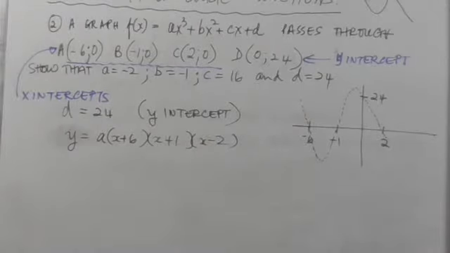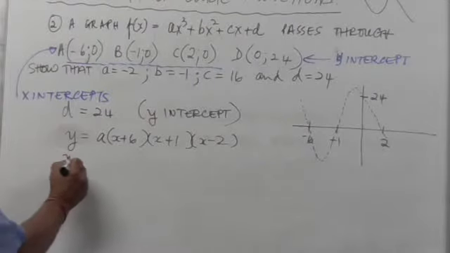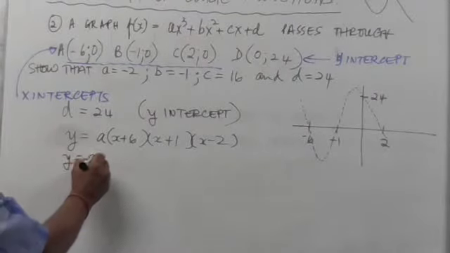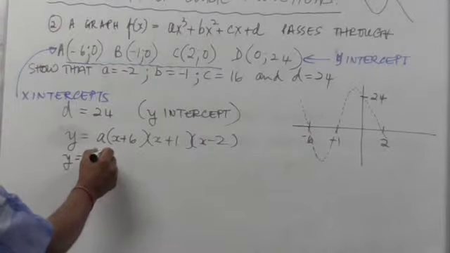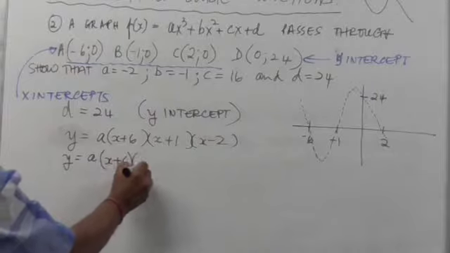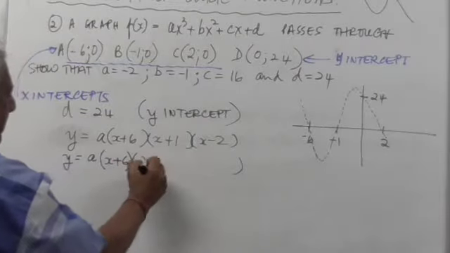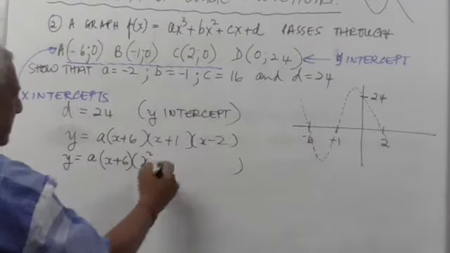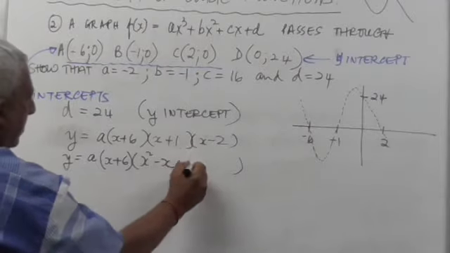Now let's simplify this. So y will be equal to a into x plus 6 into x squared plus x minus 2x will give you minus x minus 2.